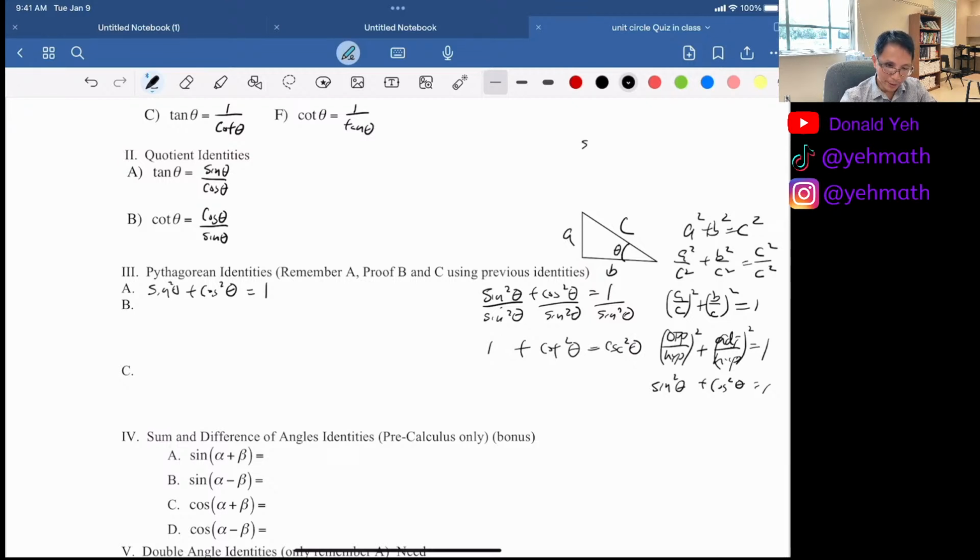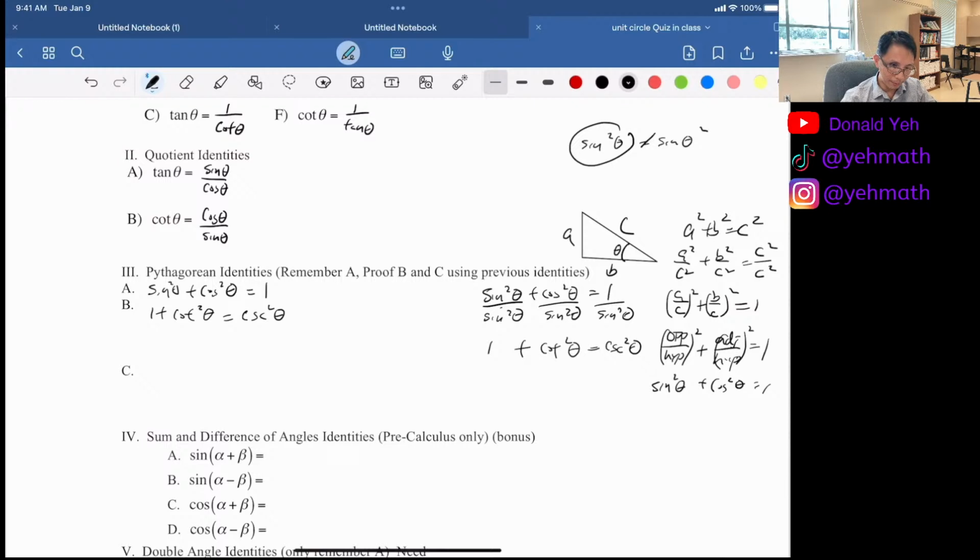You want to write sine squared theta like this. You never want to write sine theta squared, because they're not the same. One is sine squared theta, which is the correct way to write sine times sine, not sine theta squared. That's actually a bad way to write it. So this becomes the first one: cotangent squared theta is equal to cosecant squared theta.